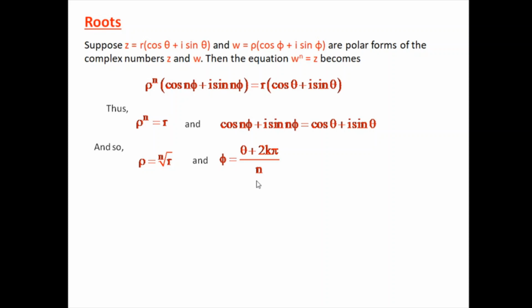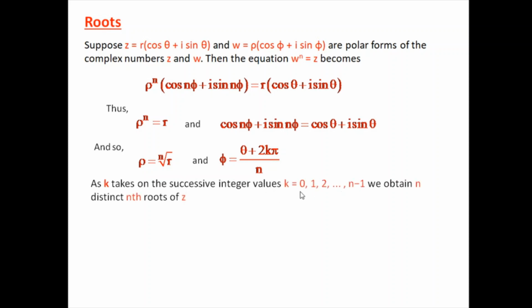But for distinct roots, k is 0, 1, 2 up to n minus 1. So we only need to take the k value as 0, 1, 2 up to n minus 1 to find distinct roots of z. The other values of k will give angles which are the same.